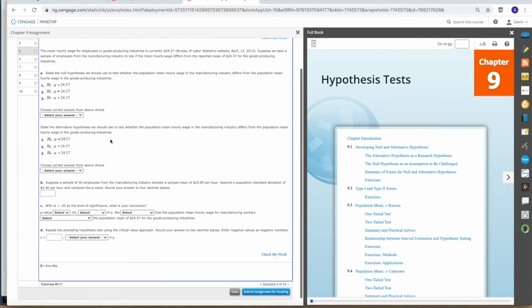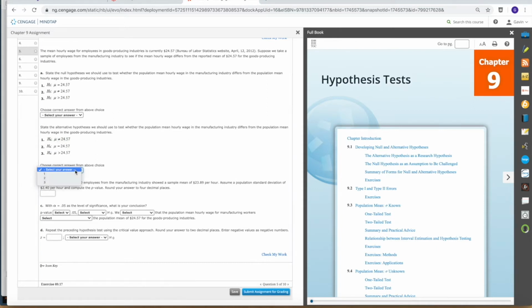So let's jump to the alternative hypothesis. I always think that is easier to do first. So if the answer was yes, it does differ from 24.57, then that would be number 1 right here. The alternative hypothesis, mu does not equal, another way of saying differs from 24.57. So that's going to be number 1.